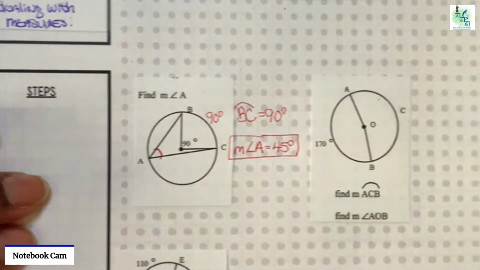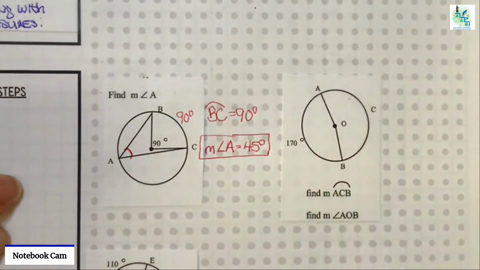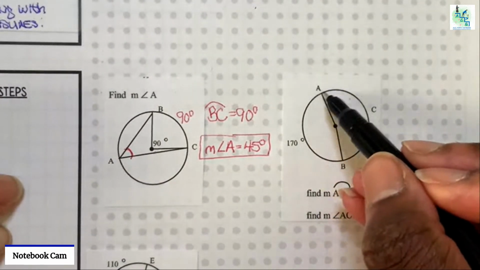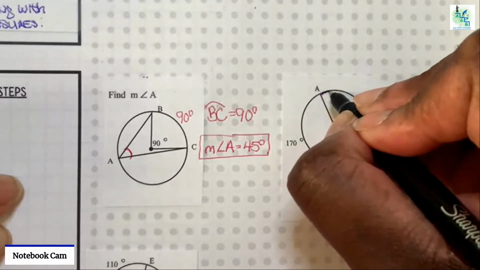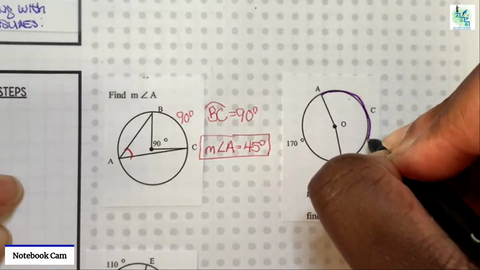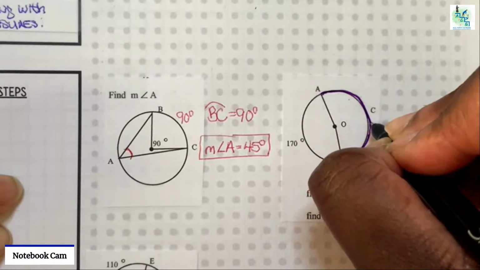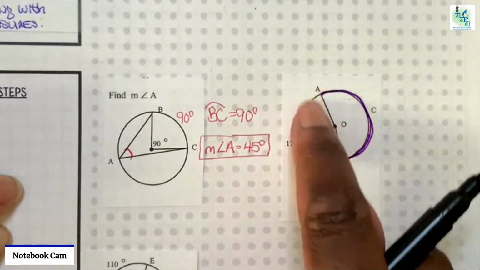Okay. So now we want to take a look, and it says find the measure of ACB. So I'm seeing 3 letters. That means that must be a major arc. So AC, nope, this other way, ACB. Good. So if we're looking at this part of the arc, and they gave us the opposite, AB.